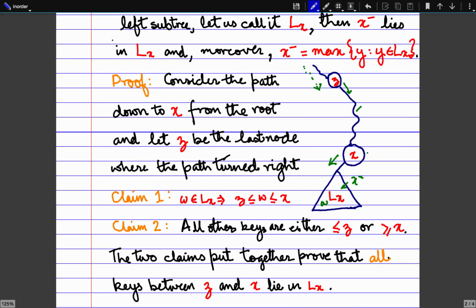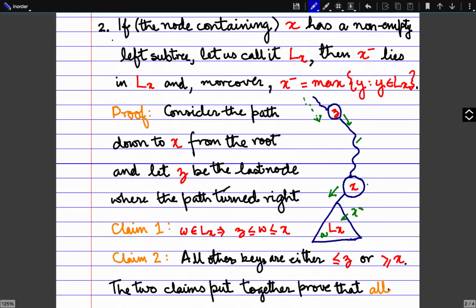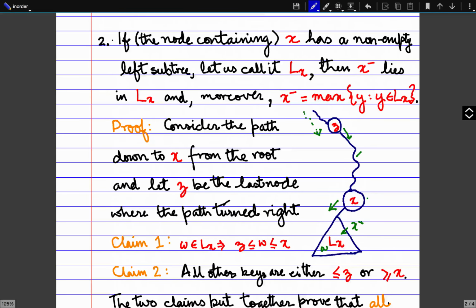So that was the proof of claim 2, and with claim 2 proven, we've proved property 2, which says that if x has a non-empty left subtree, Lx, then x minus lies in Lx, and x minus is the largest value in Lx.